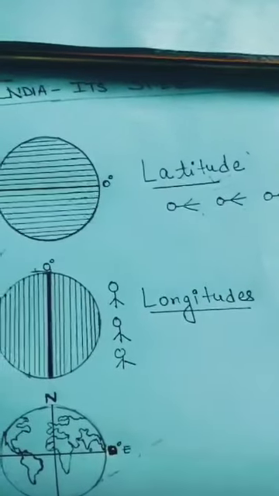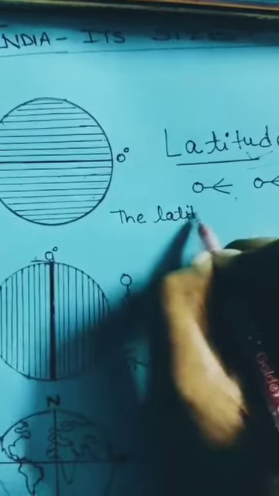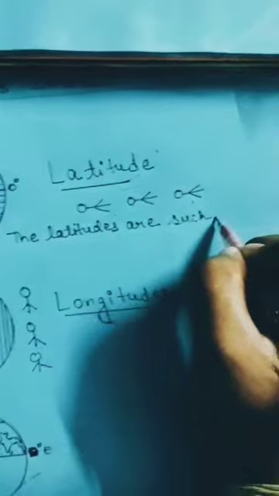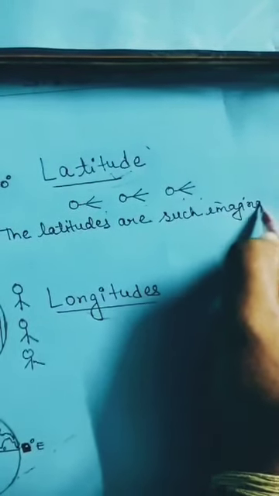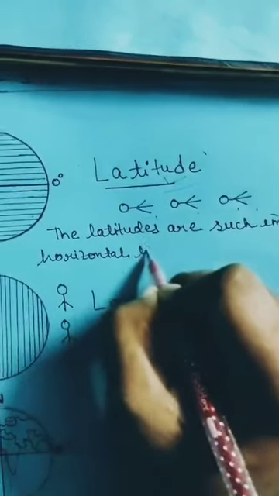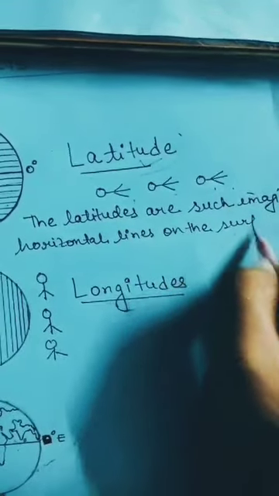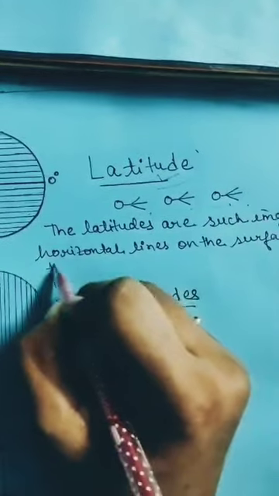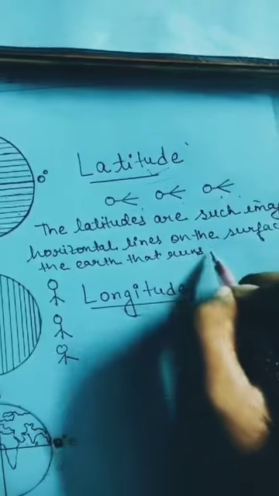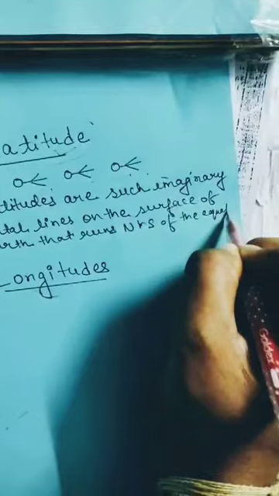For the definition, what we are going to write is that the latitudes are such imaginary horizontal lines on the surface of the earth that run north and south of the equator.